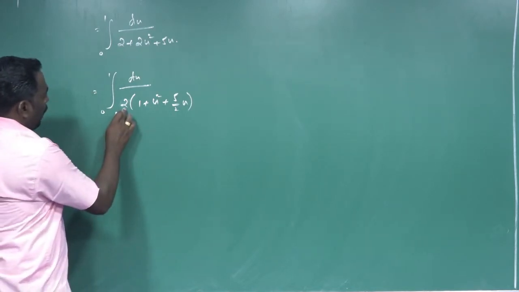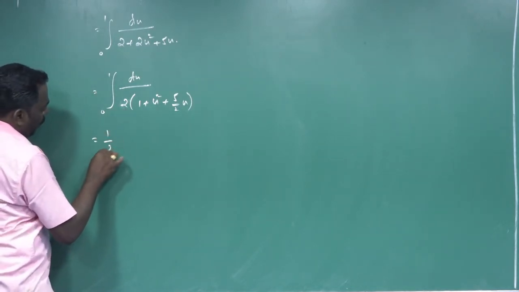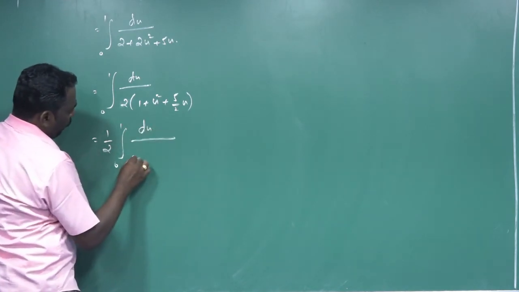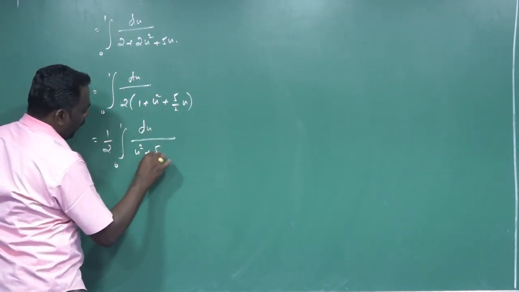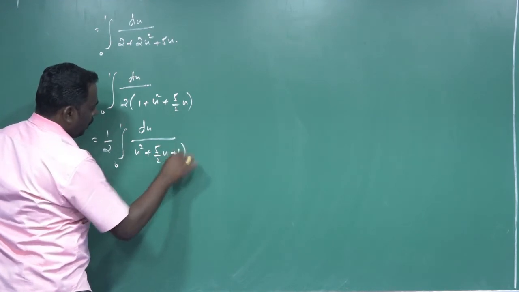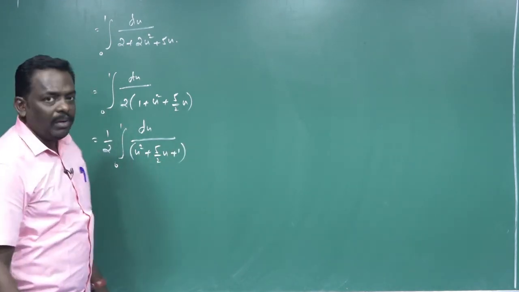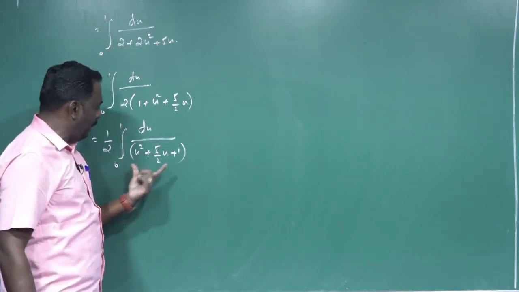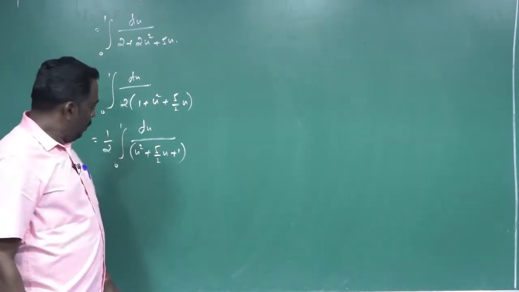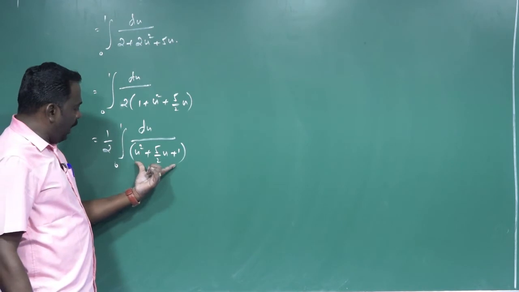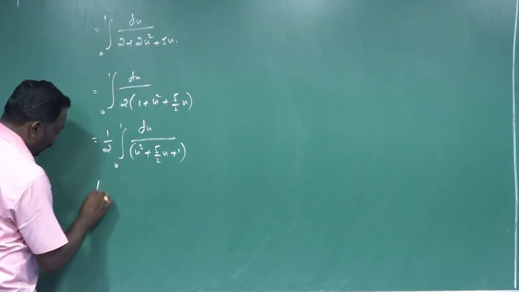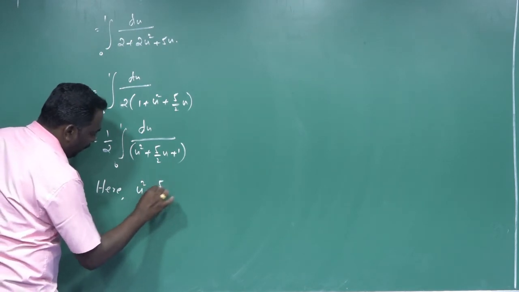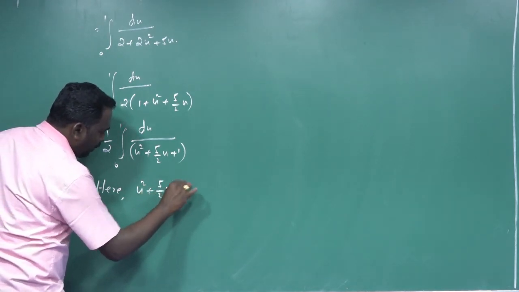Write 1 by 2 outside, so it is 1 by 2 into the integral from 0 to 1 of du by u square plus 5 by 2 into u plus 1. Now use the completing square method to find the square form of the denominator. Take this denominator separately: u square plus 5 by 2 into u plus 1.